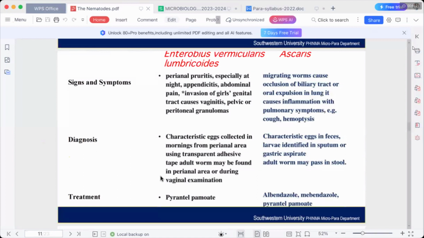For ascaris, you can do a direct microscopic smear. Ascaris can be diagnosed by a simple stool exam. For the characteristic egg, you have a very big, oval-shaped egg that can be seen under the microscope.